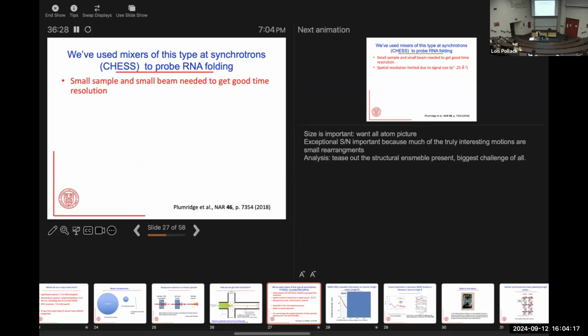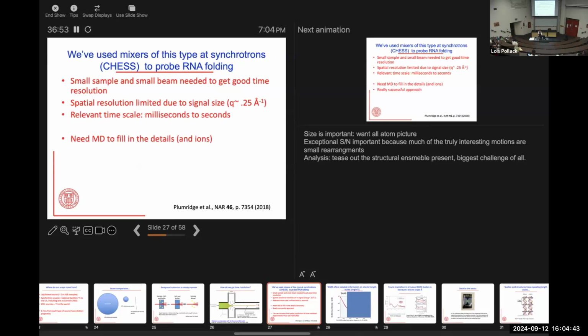So you really need a small sample and a small beam to get good time resolution, okay? And because of that, we're limited in our spatial resolution to a relatively low scattering angle, just because there's not a lot of sample and these signals fall off quickly. But nevertheless, we've learned that the relevant time scales for these reactions are milliseconds to seconds.